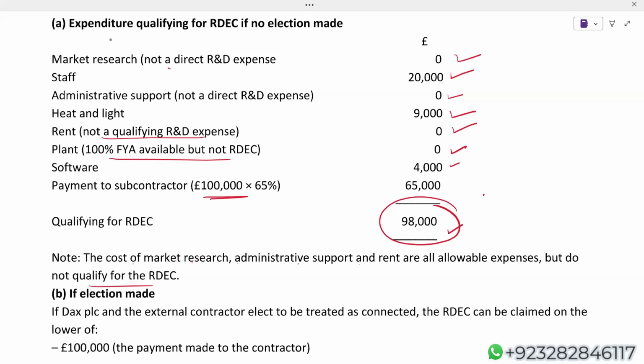Then we calculate the corporation tax liability, and from whatever comes from that liability, we deduct the same 20% amount which we have added. So the amount which qualifies for R&D, we add 20% of that to the taxable total profit. Then we calculate corporation tax liability. Whatever comes, we deduct the tax credit, the same 20% of qualifying RDEC.